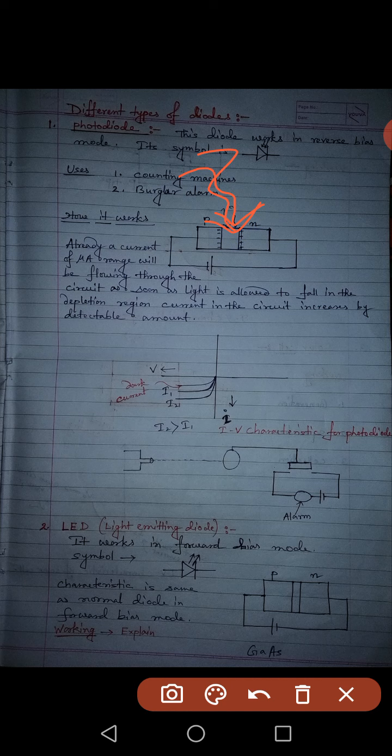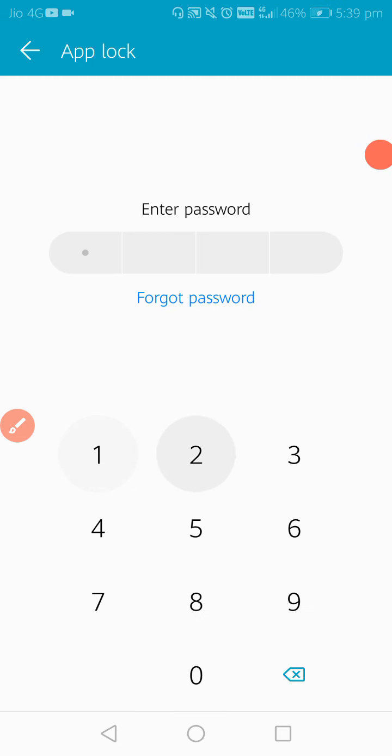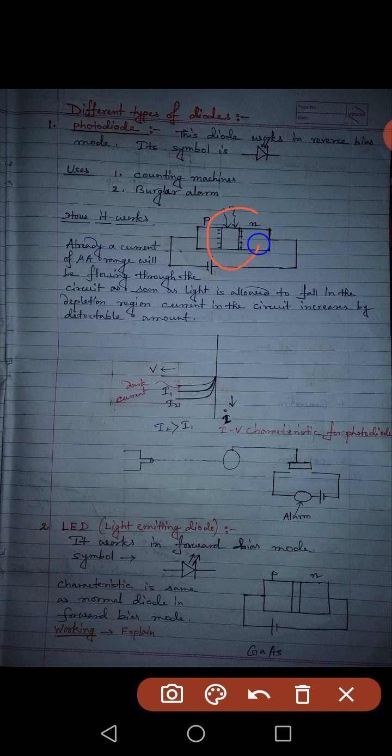As a result there will be generation of holes, or in other words, generation of electron hole pairs. Now those newly formed electrons and holes will be pulled by the fictitious battery.